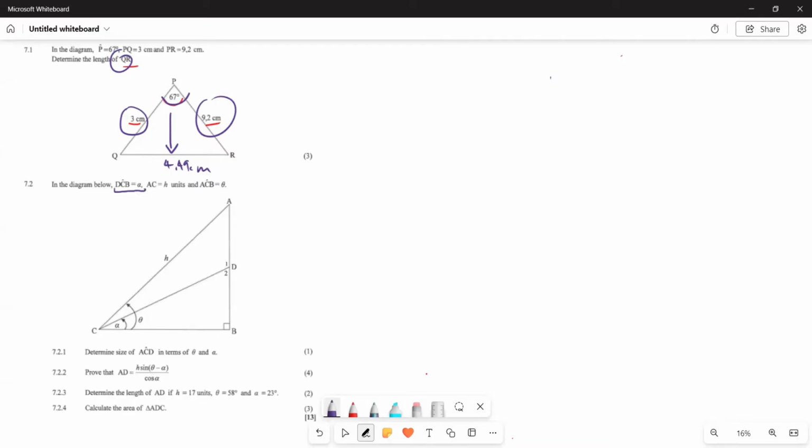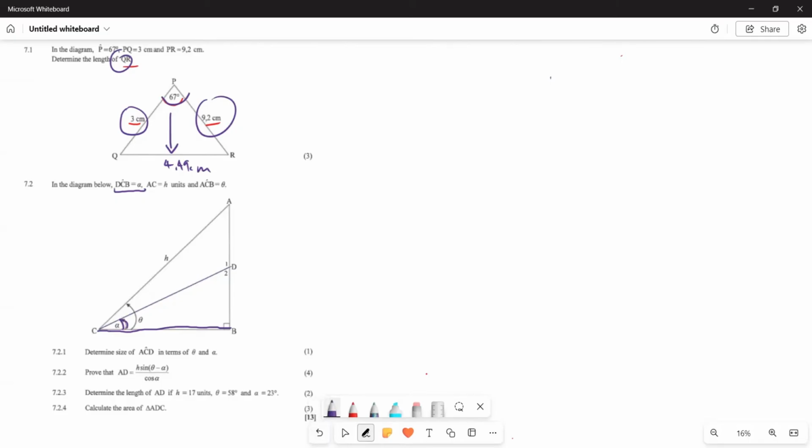Which is your alpha. Your DCB is this side, right? So basically, this is the angle alpha that you are given there.